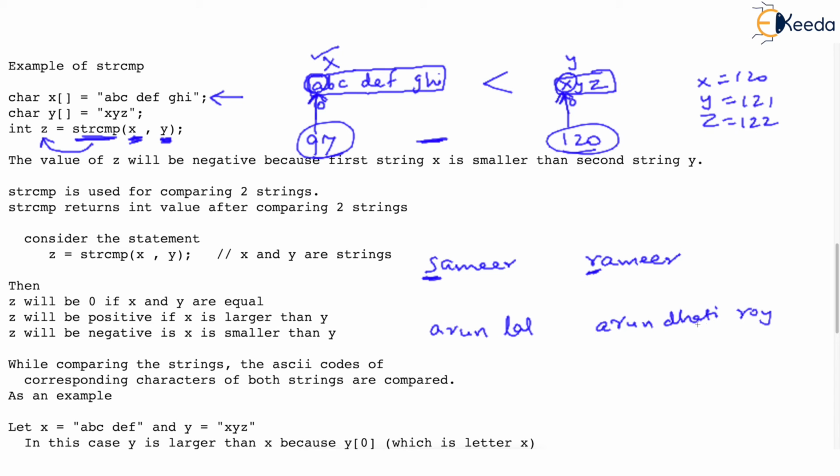Now you just check, if you are asked to give roll numbers to these students, what will you do? You will arrange them alphabetically, isn't it? And you will say, whoever's name is smaller will get the first roll number, isn't it?